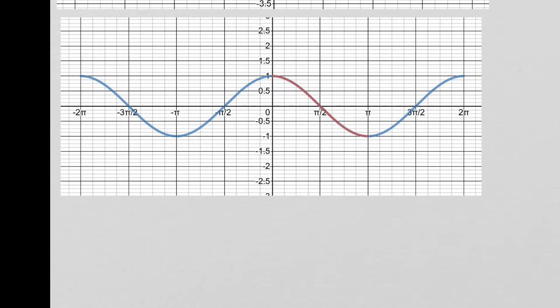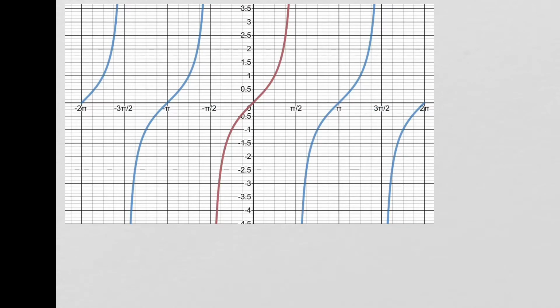And then the tangent looks like this. Okay, so here's a graph of the tangent function. Now remember, the tangent function has these vertical asymptotes at pi over 2, and then 3 pi over 2, 5 pi over 2, and so on, and then negative pi over 2, negative 3 pi over 2, and so on.